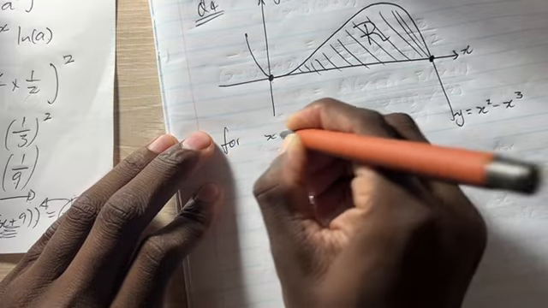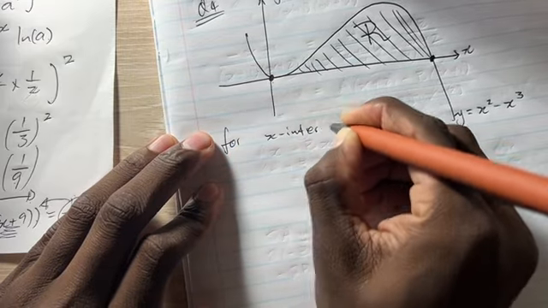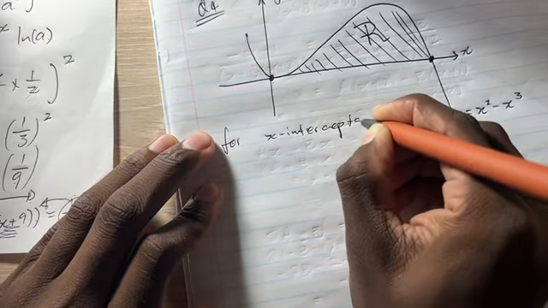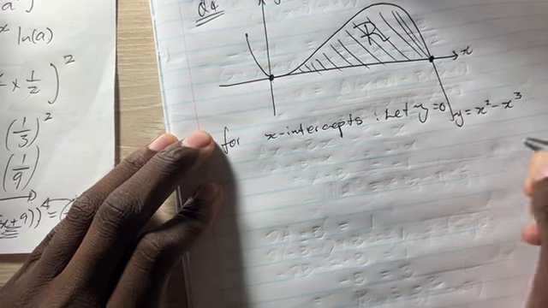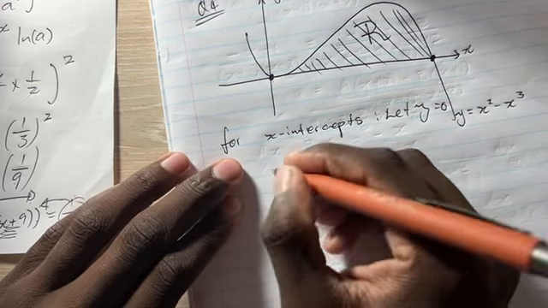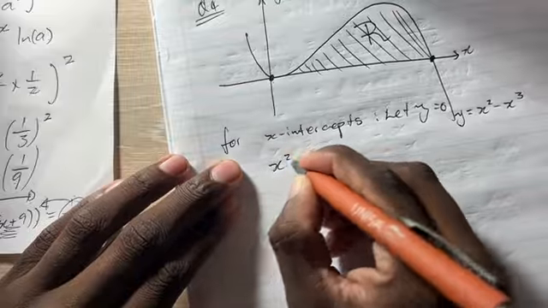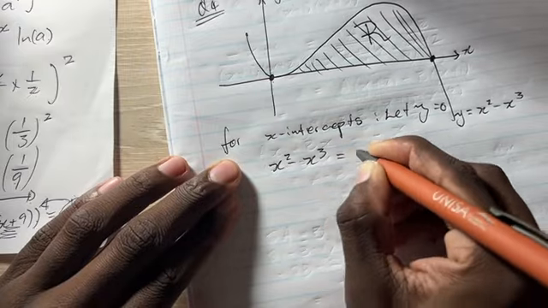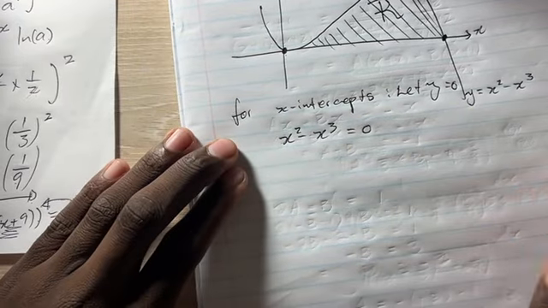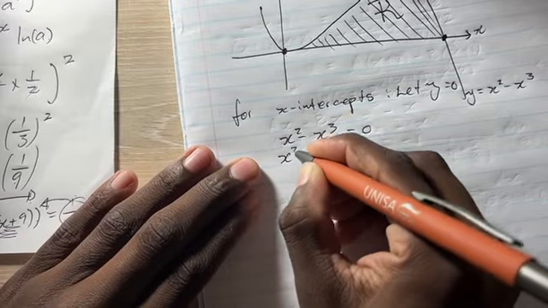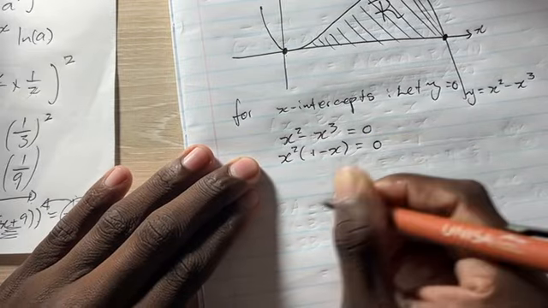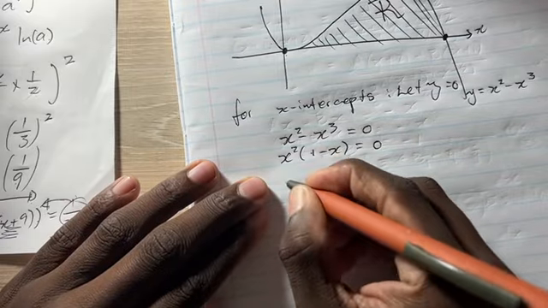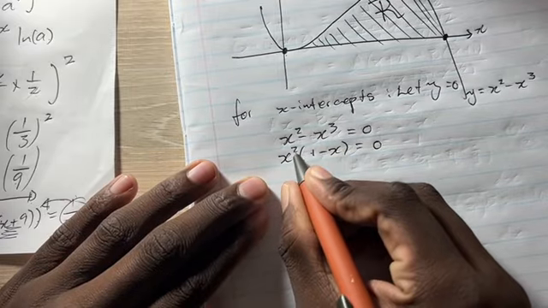For x-intercepts, let y equals 0. Beautiful handwriting. If y is equal to 0, you got x squared minus x cubed equals 0. Now take out x squared as a common factor. You got 1 minus x equals 0. This just gives you a 0, but you see how it's squared?